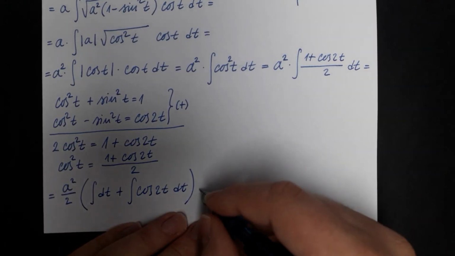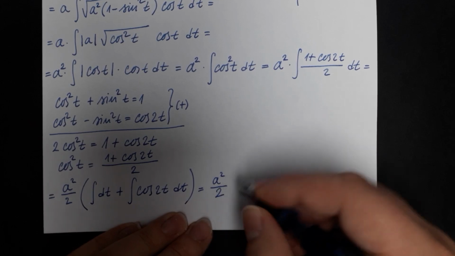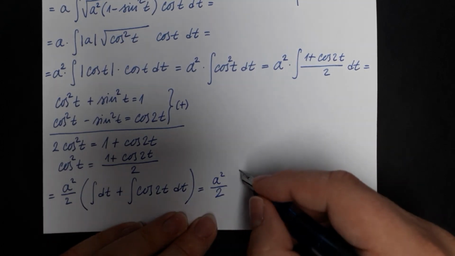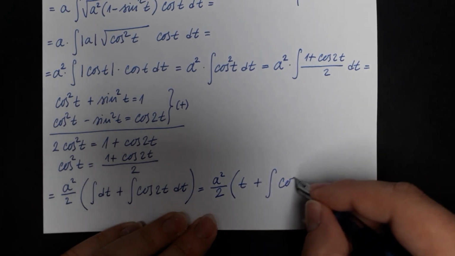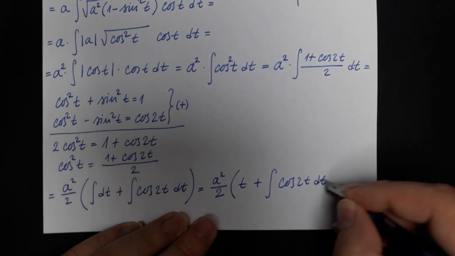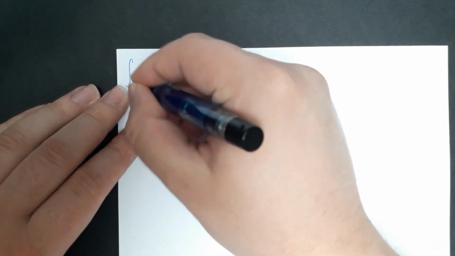Well, this is then equal to a squared over 2 times t plus an integral of cosine 2t dt. So let's solve this integral of cosine of 2t dt.